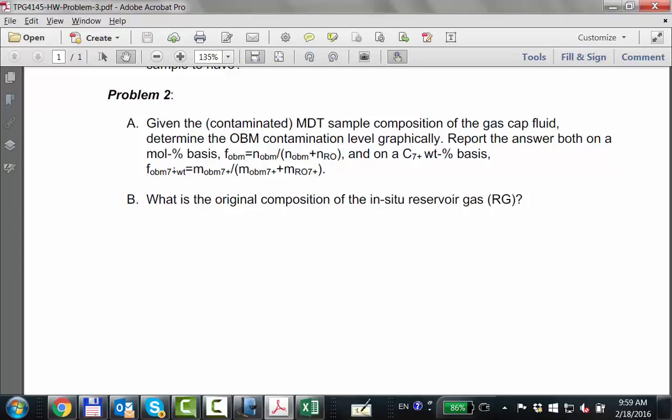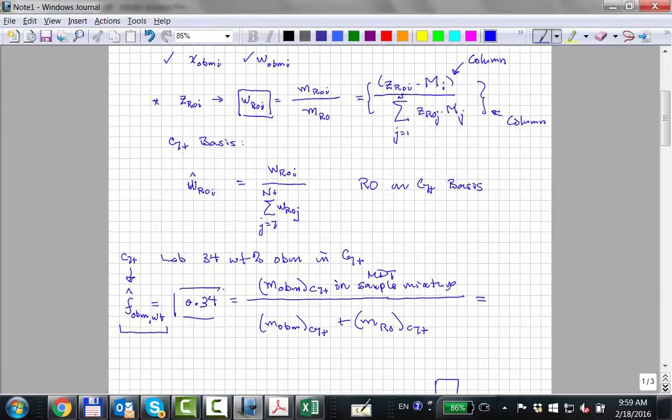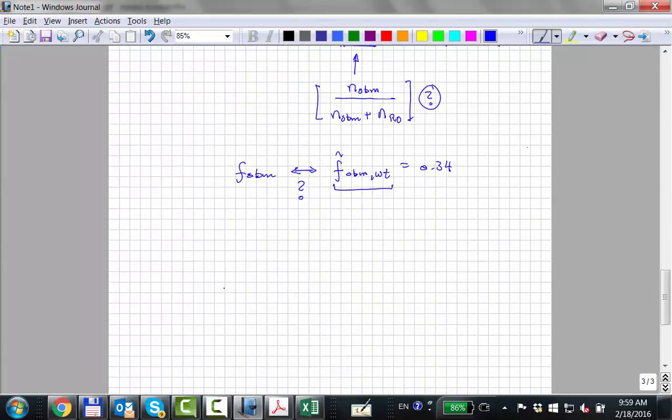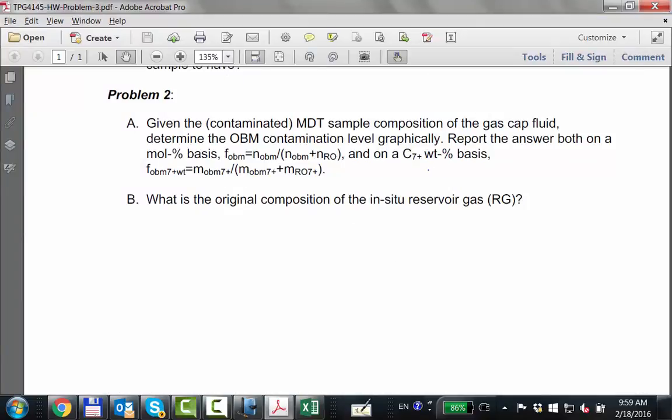Report the answer both on a mole percent basis, that's what we're talking about down here, this one here, and on a C7 plus weight percent basis, which has got this, okay? Both.